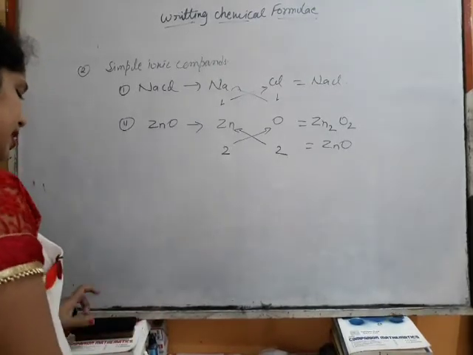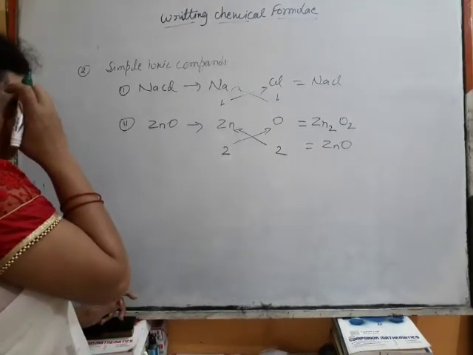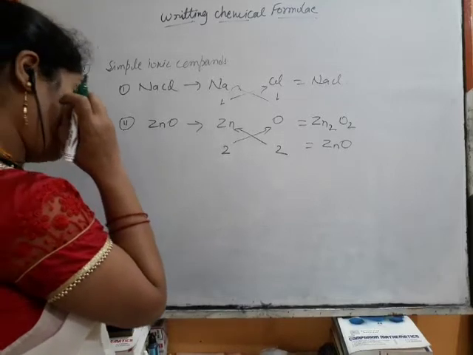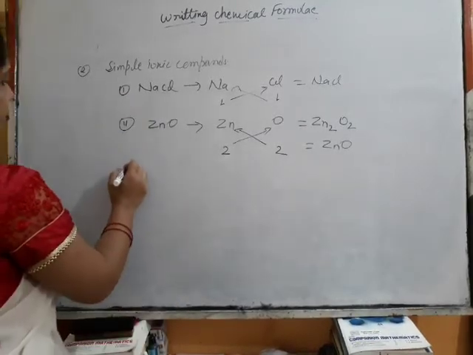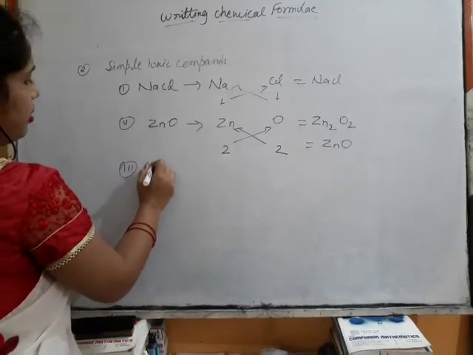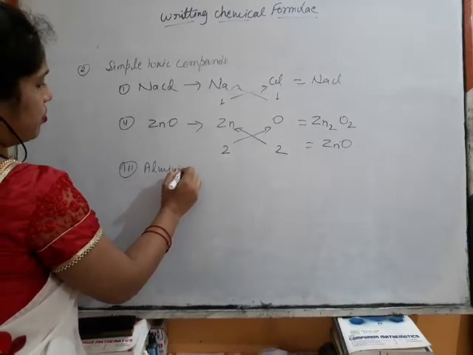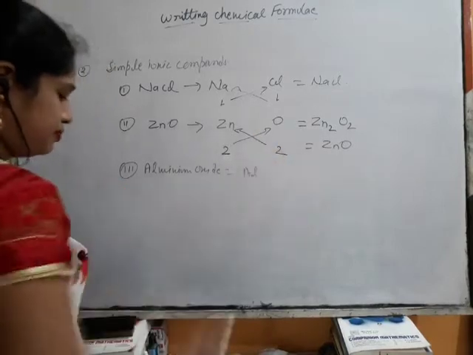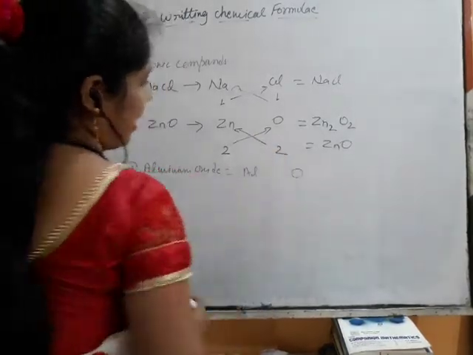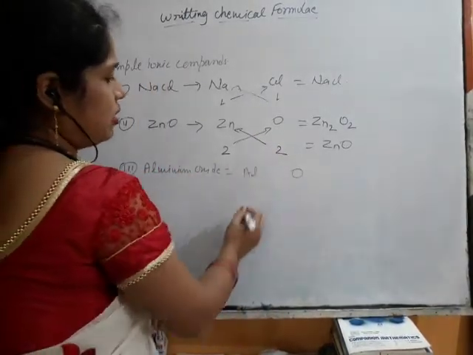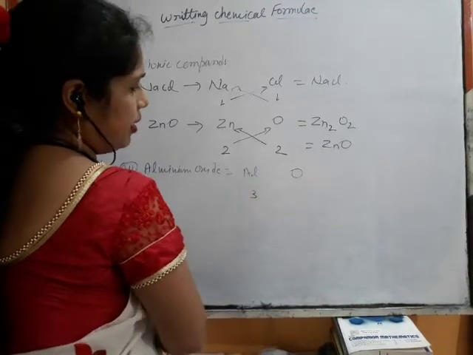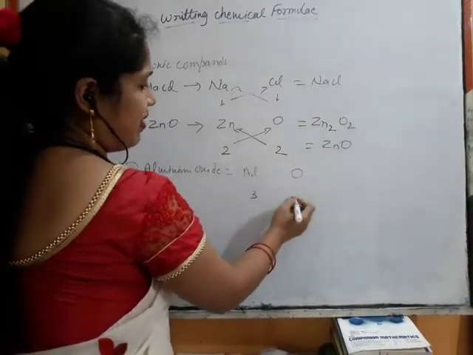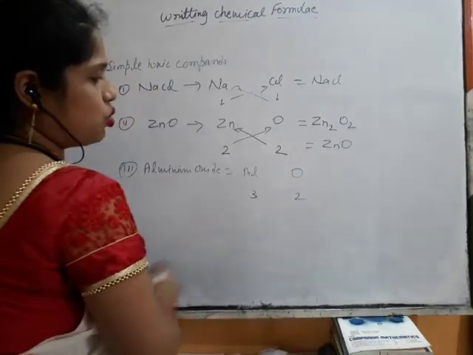Then hydrogen chloride HCl, barium oxide, aluminium oxide, let us see. Aluminium oxide. So aluminium and oxygen. Aluminium is a trivalent positive ion, so it is having valency 3, and oxygen is bivalent negative ion, valency is 2.